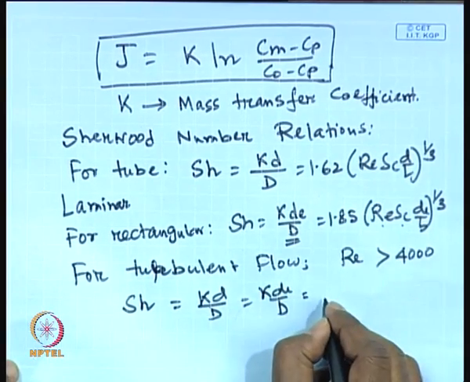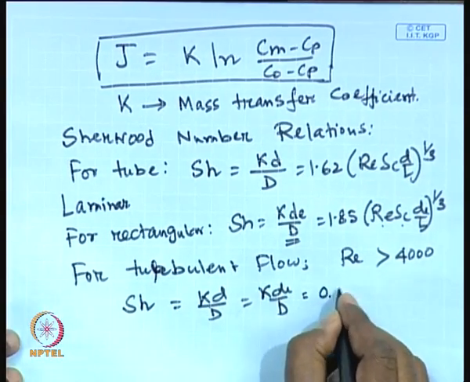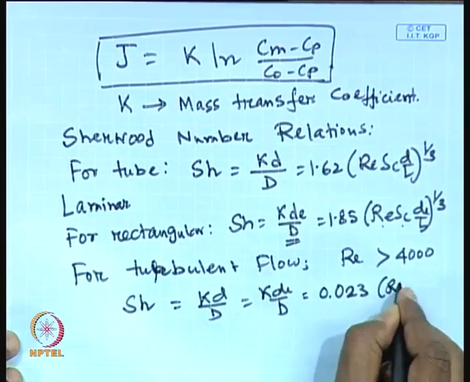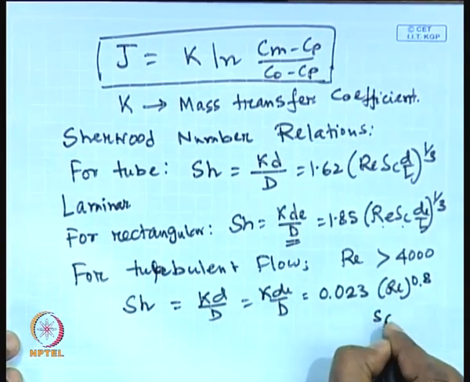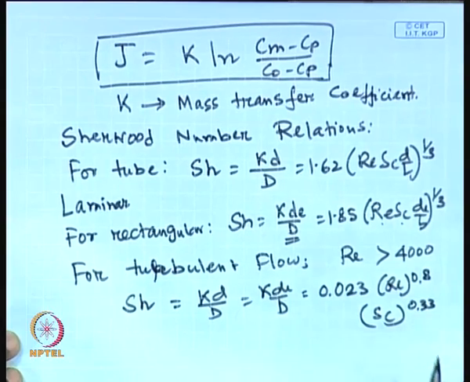This will be nothing but 0.023 Reynolds raised to the power 0.8 Schmidt raised to the power 0.33. So, this Reynolds number will be based on diameter if it is a flow through a tube, and it is based on equivalent diameter if it is flow through a rectangular channel.